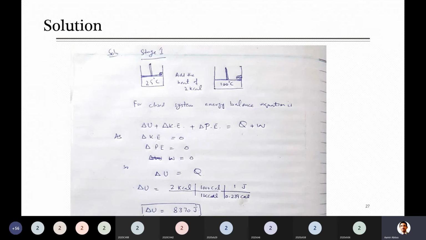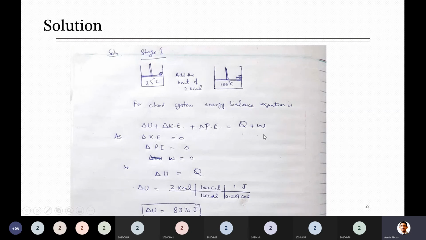Because this is a closed system, there is no movement of any gas; gas is not entering, not leaving the system. So there is no change in kinetic energy. There is also no change in potential energy, because this piston remains at the same position. Its height is not changed. So due to this, it is zero. As well, I told you that work is zero because the piston remains at the same position.